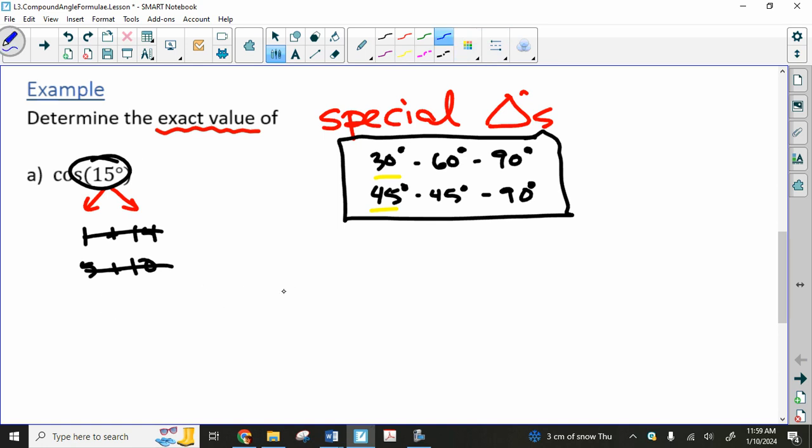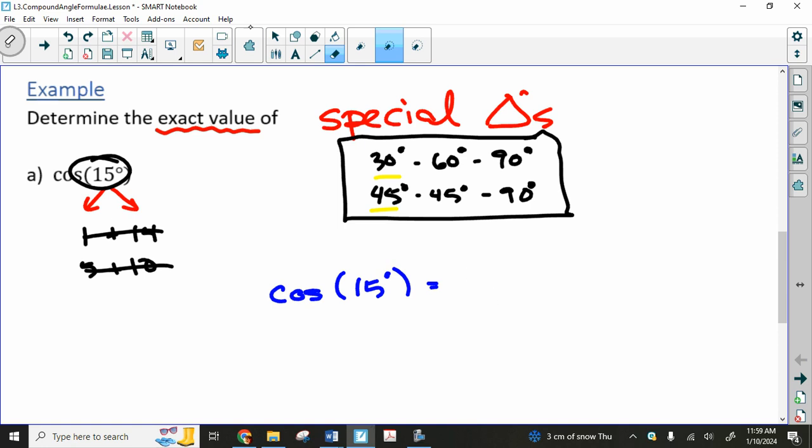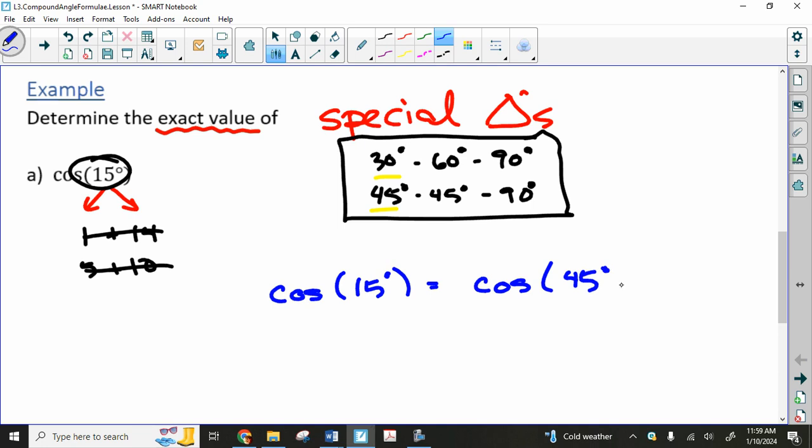So cos of 15 is going to get broken up into cos of 45 minus 30. 45 is a special triangle, 30 is a special triangle. That would give us 15.